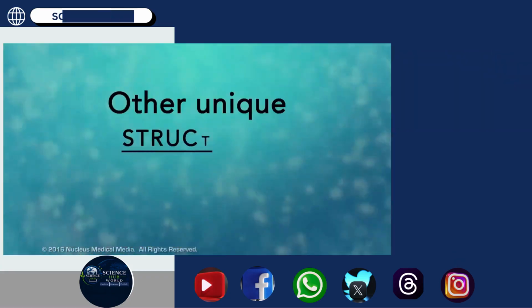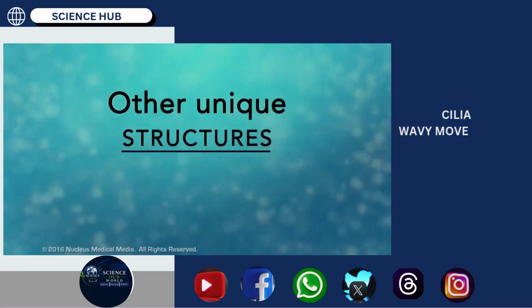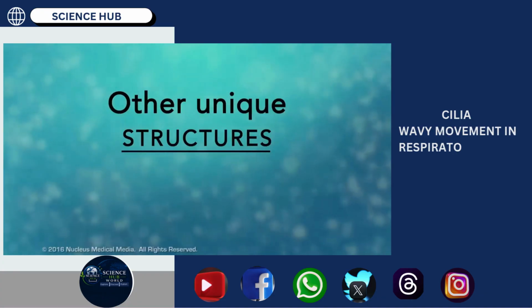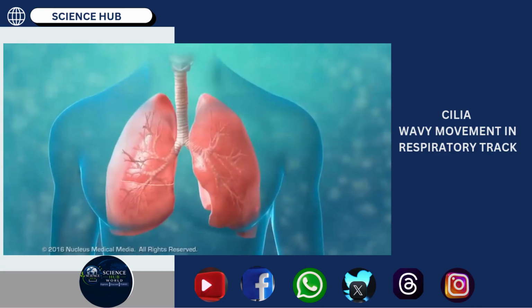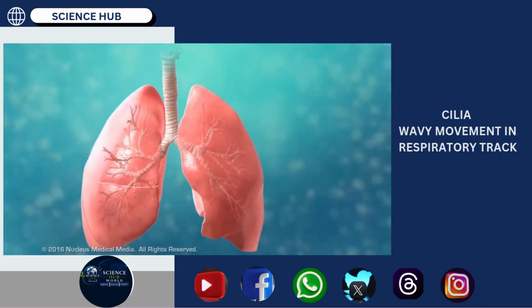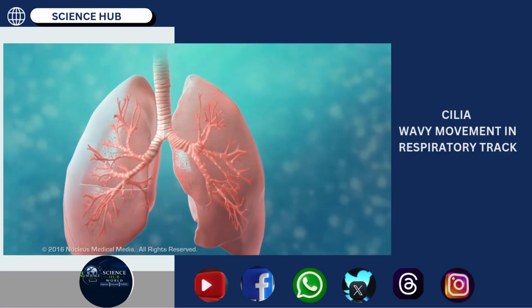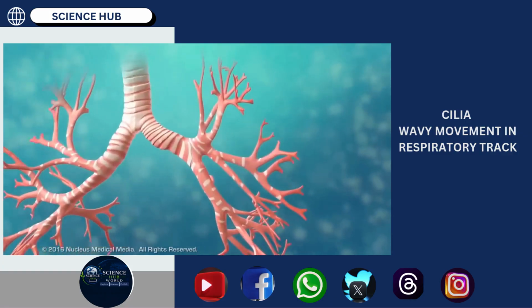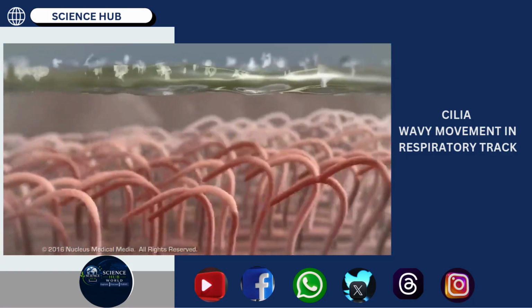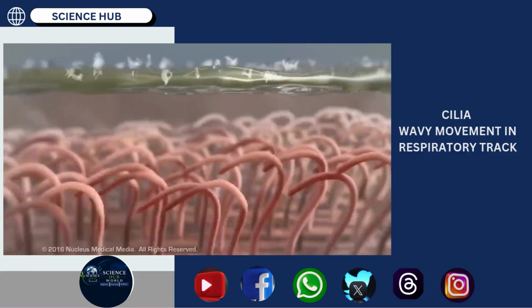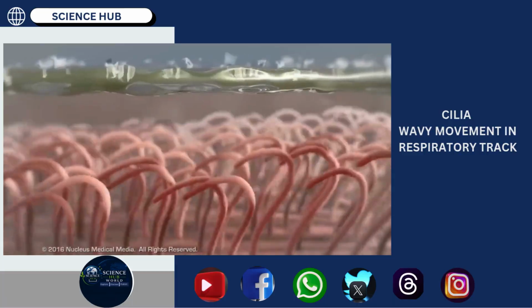Different and unique types of cells. There are some other unique types of cells which have unique cellular structures, like the respiratory tract, which is exhibited by cilia-like projections which move in a wavy movement.